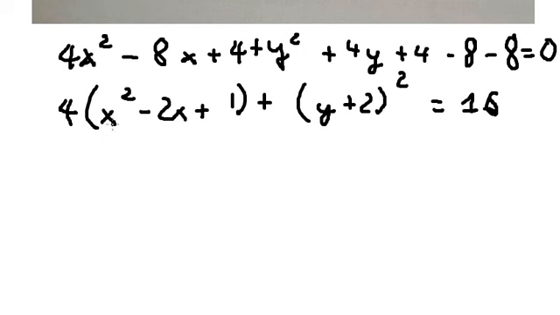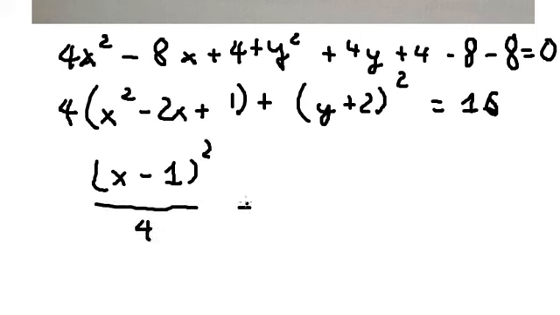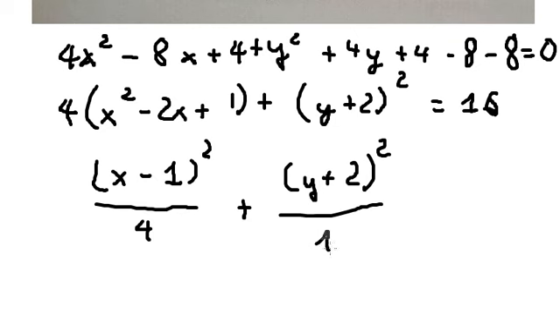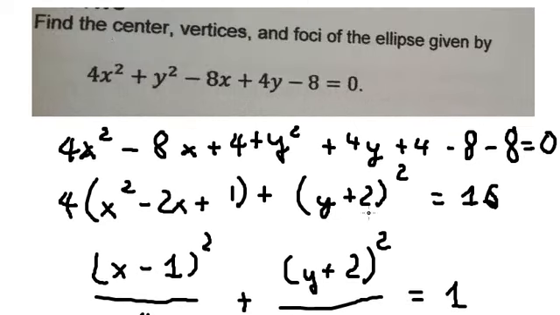And we get (x minus 1) to the power of 2 over 4, plus (y plus 2) to the power of 2 divided by 16, equals number 1.